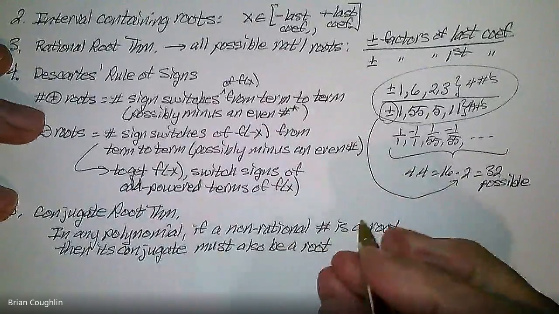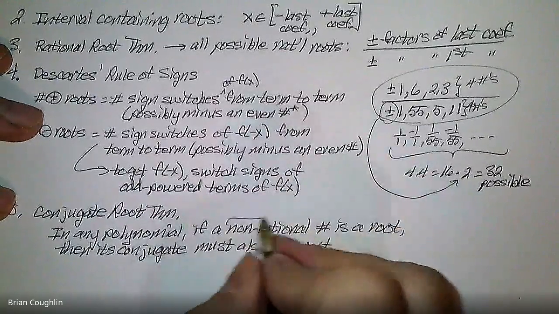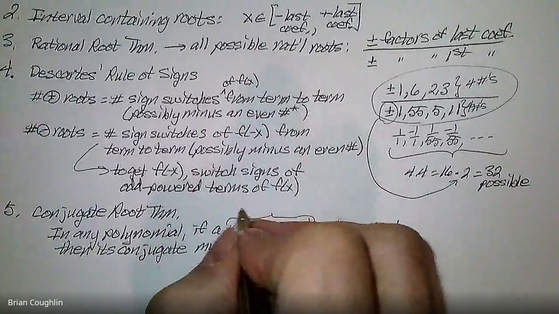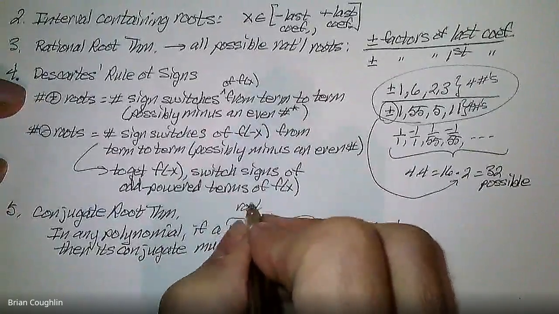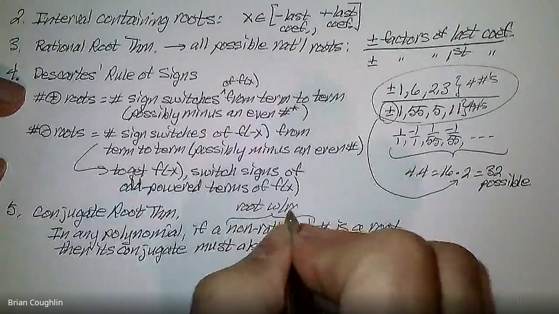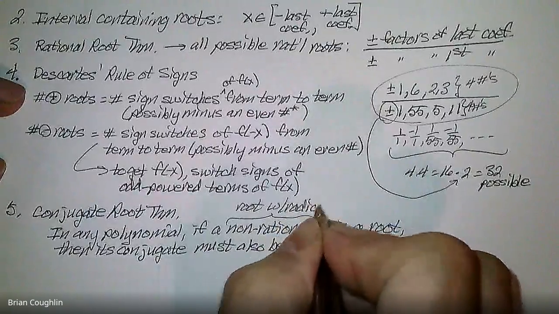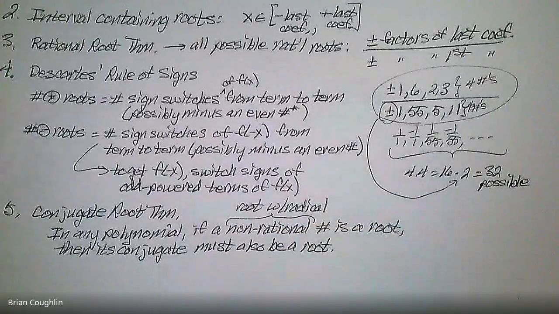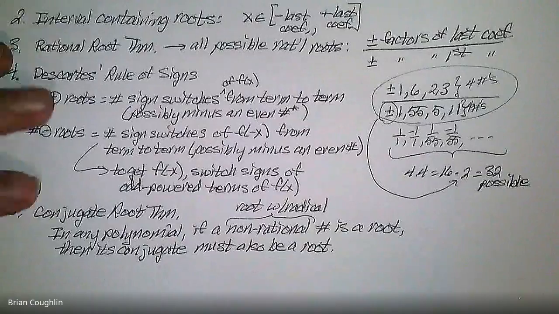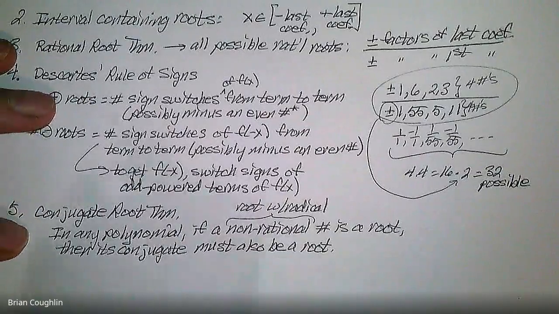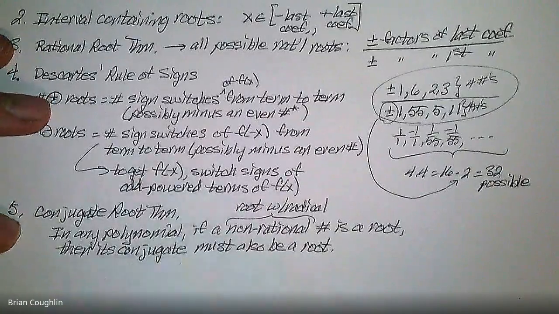What do I mean by non-rational? Basically anything with a root with a radical. Anytime you have a root with a radical, which is how you can get a conjugate in the first place, then its conjugate must also be a root.